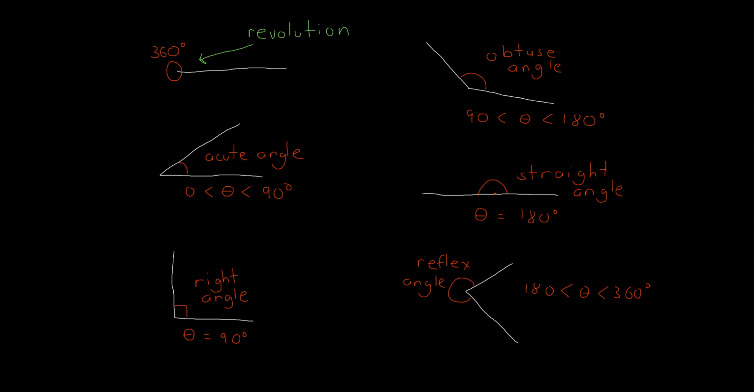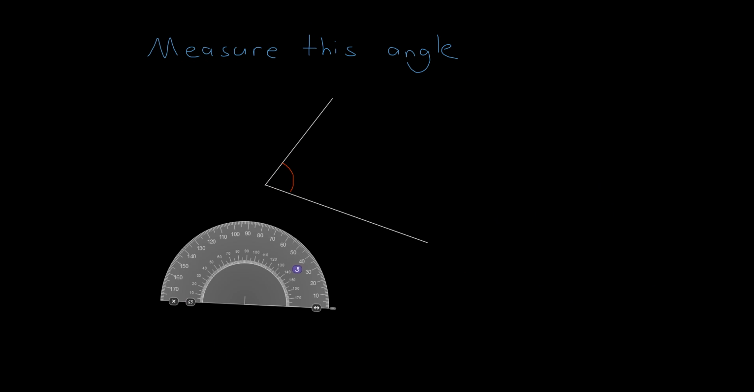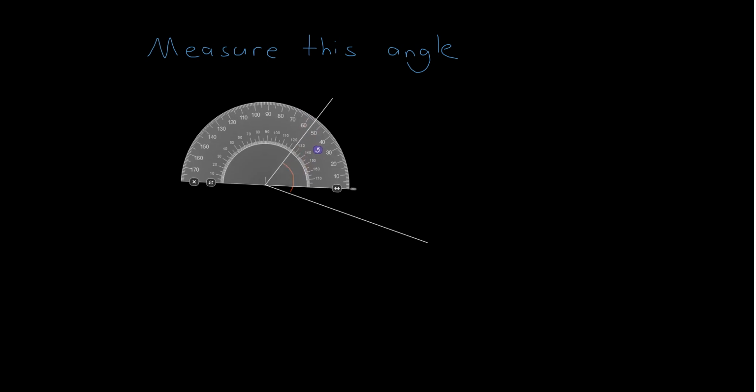Okay, so now that we've seen our kinds of angles and we know about our degrees, let's see if we can measure them. So I'm going to measure this angle here. And you can see I've accidentally left my protractor on my table. You'll need a protractor to do this too. So I've got some angle, and I've got no idea how big it is. So watch how I measure it. I get the center of my protractor and I put it on the vertex of this angle.